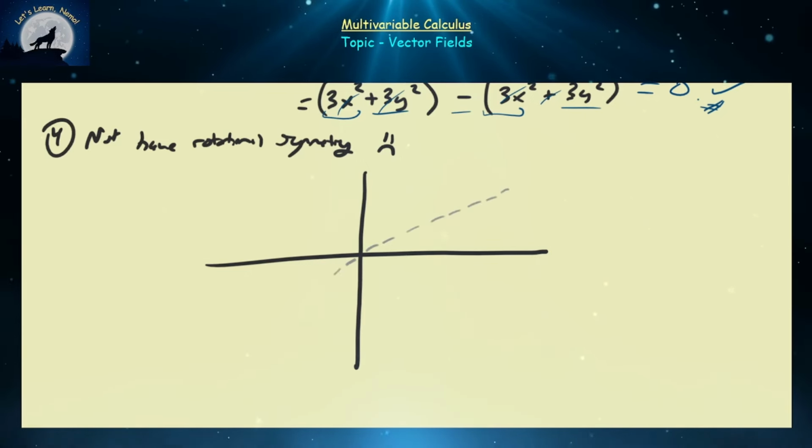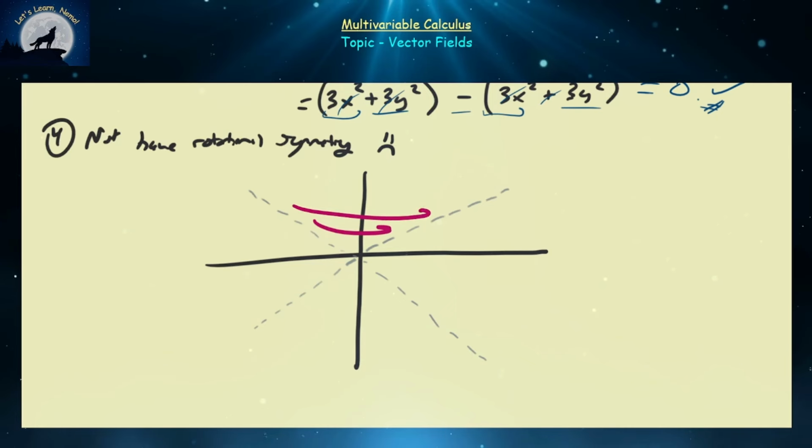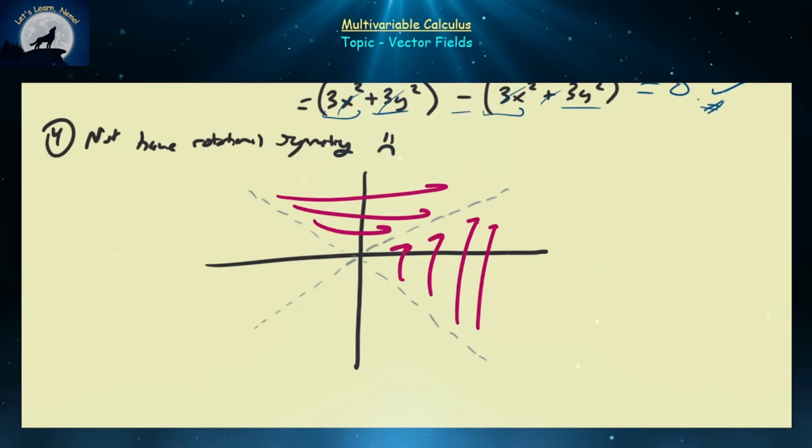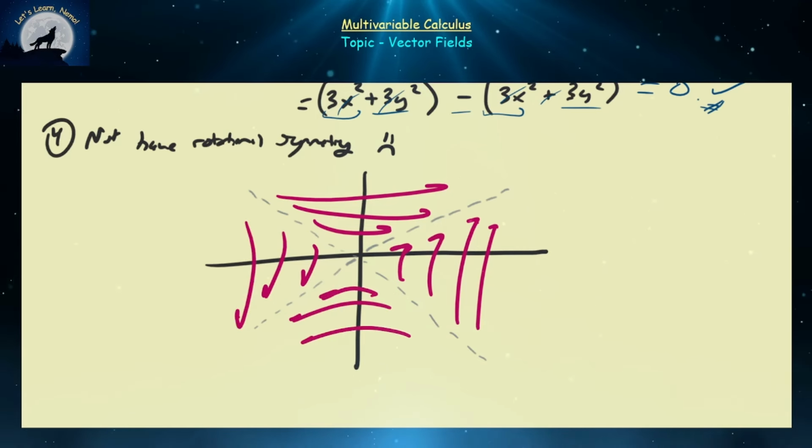What we're going to have is these lines here, and these lines here, almost like slant asymptotes, I guess you could say. And what you're going to have here is this type of behavior, this type of behavior, this type of behavior, and that type of behavior, where we have that particular style.